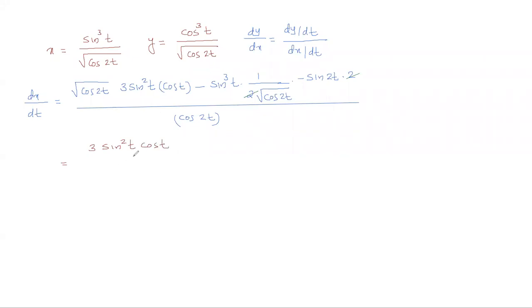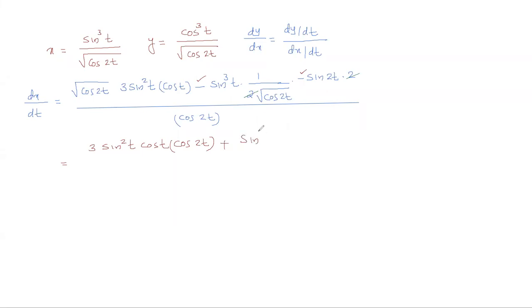Then if we multiply by under root cos 2t, under root into under root will go away. It is cos 2t. Minus into minus will become plus. Here there is one minus, here there is one minus, it will become plus.